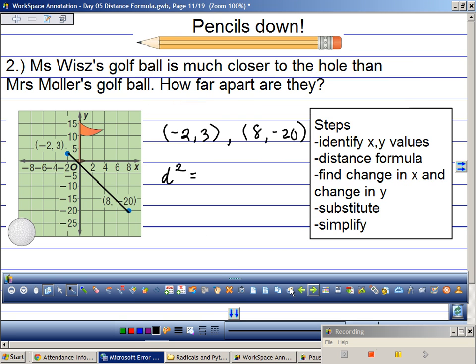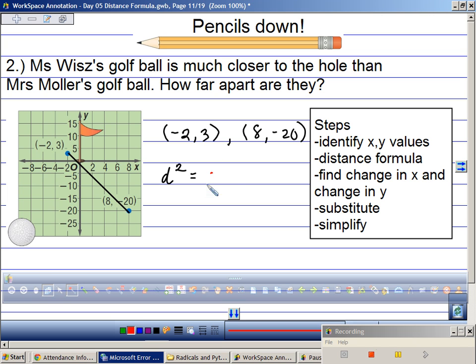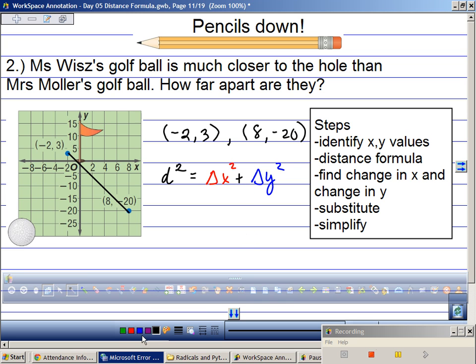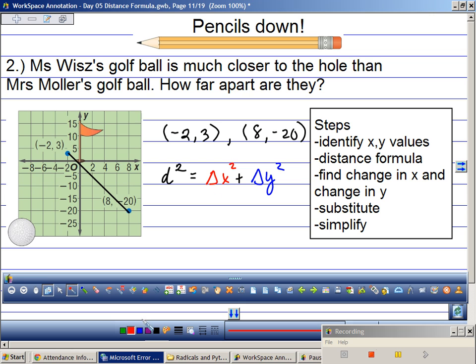What did I do last time with the change in x? Squared. The change in x squared and the change in y squared. And what do we do with those changes? We add them and then we take the square root. Correct? All right. So it says the exact same thing in the homework, yeah?